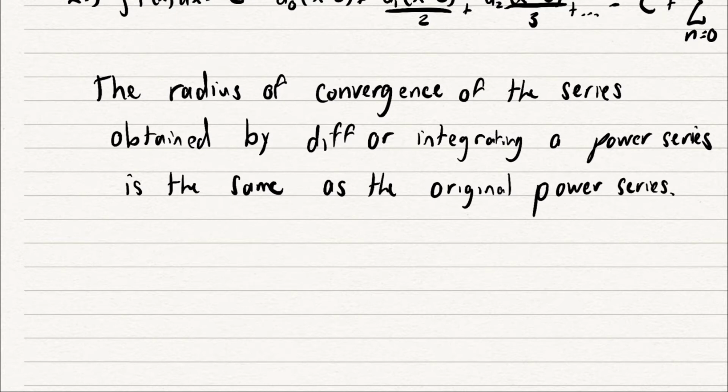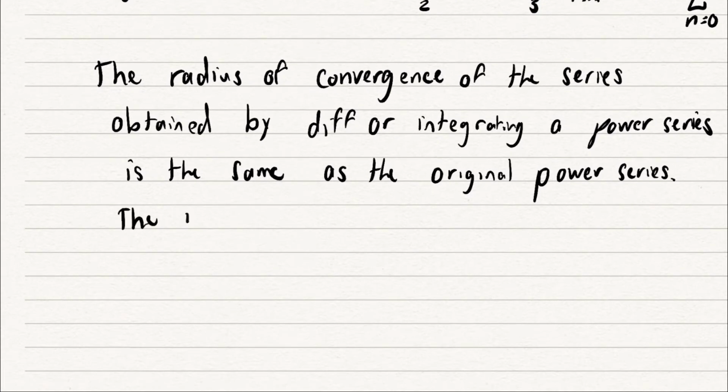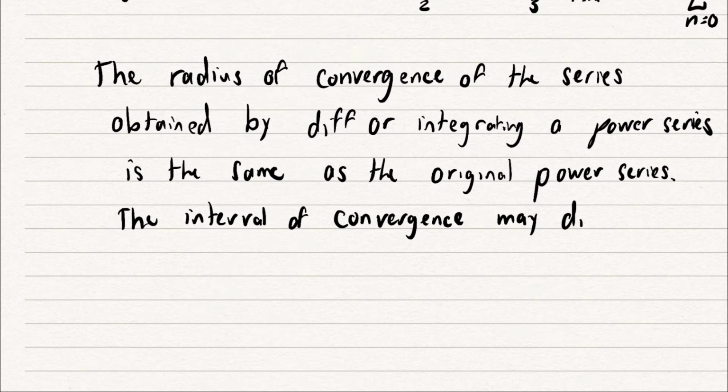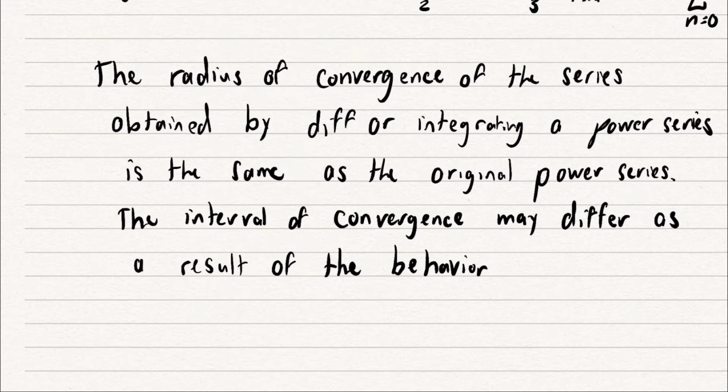So that means that my radius of convergence, whether I take the derivative or integral of it, will still have the same exact radius of convergence. But on the other hand, the interval of convergence may differ as a result of the behavior of the endpoints.